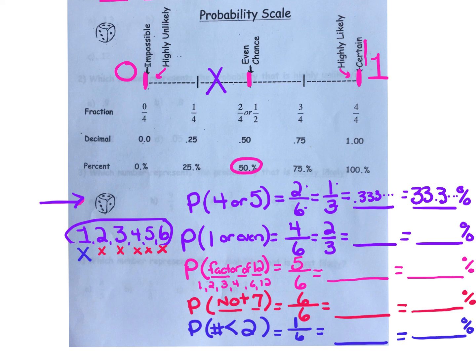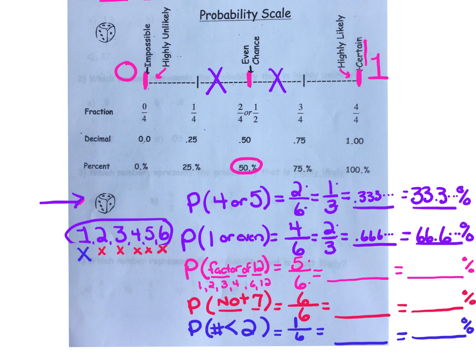For our next one, 2 divided by 3, or 4 divided by 6, gives you 0.666 repeating, which is about a 66.6 repeating percent chance, and would put you right about here on the probability scale.